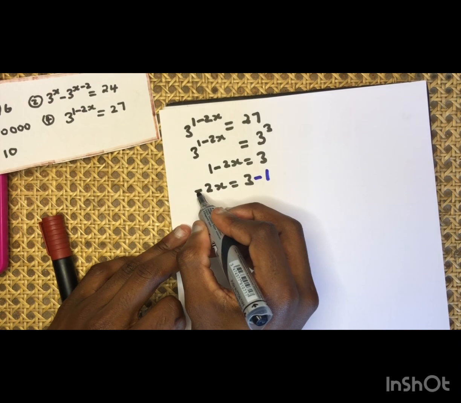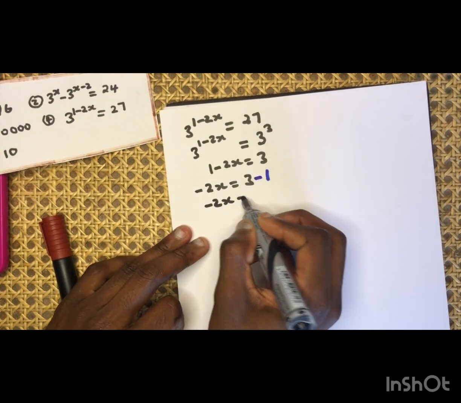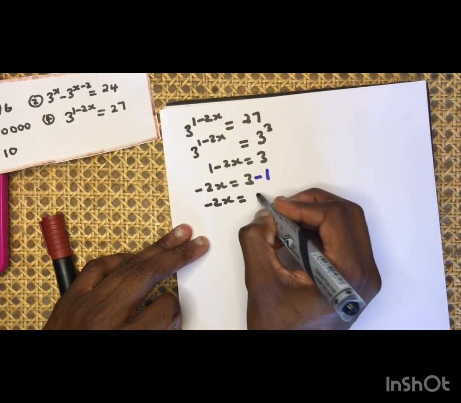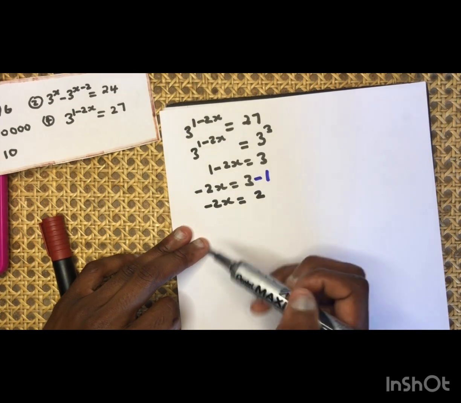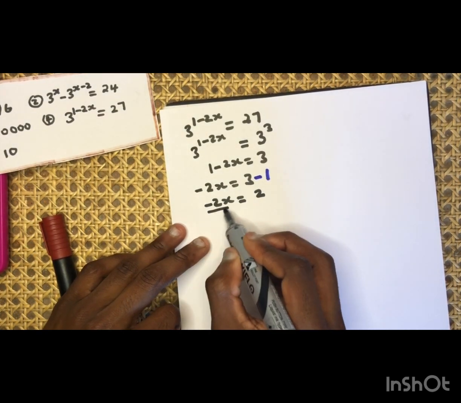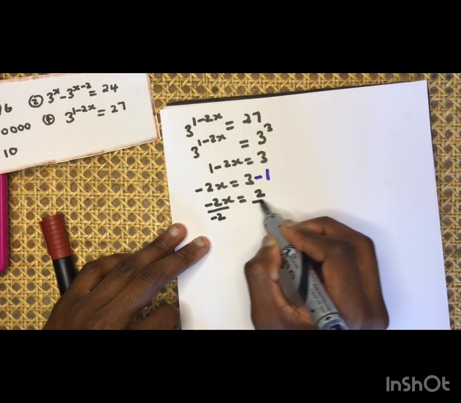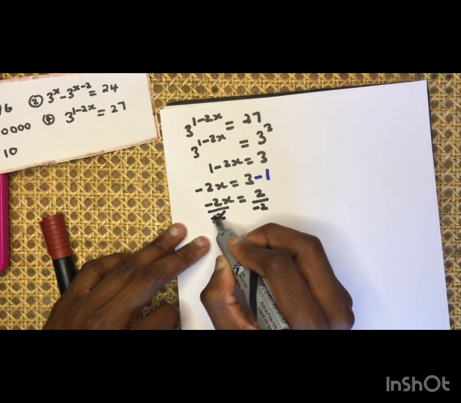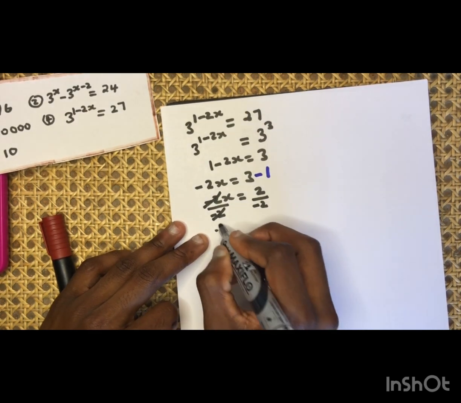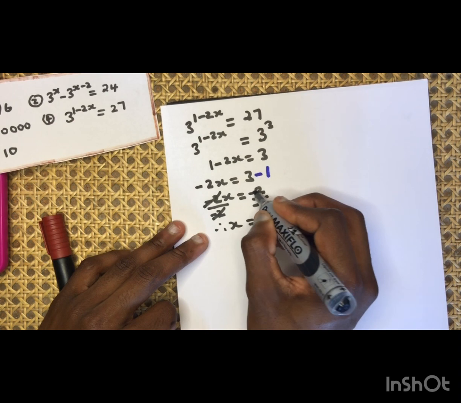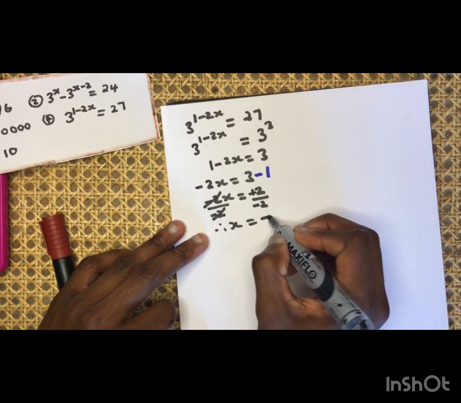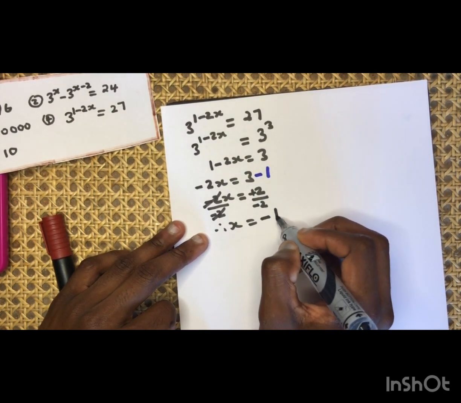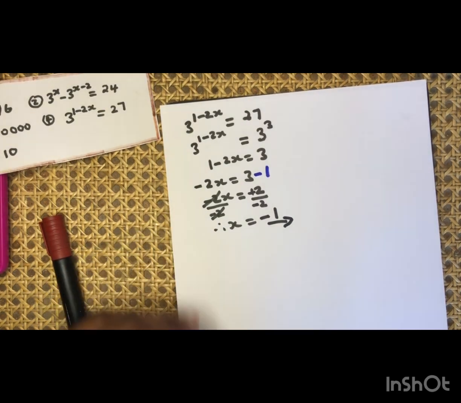So 3 minus 1, you get positive 2. What you must do now, you have to divide both sides by negative 2. So this negative 2 cancels this one. So therefore, my x, we have positive here. Positive divided by negative is negative. Then 2 divided by 2, you get 1. So this is your solution for this one.